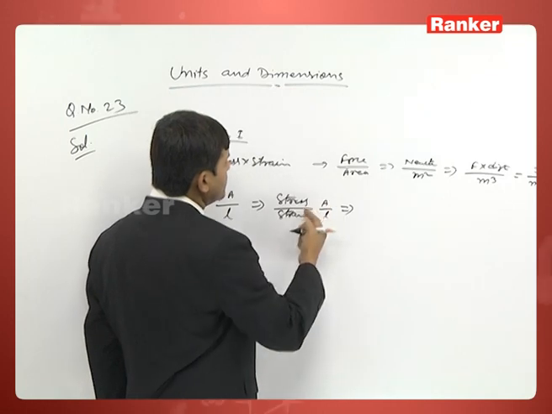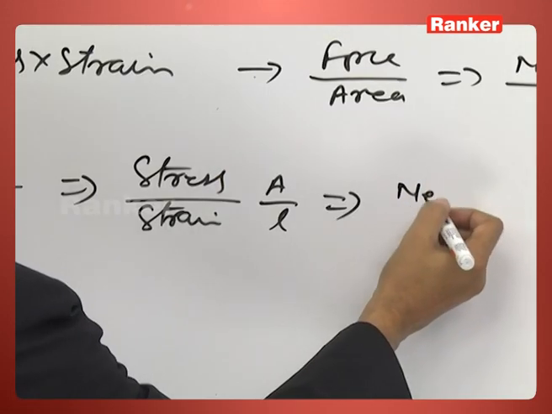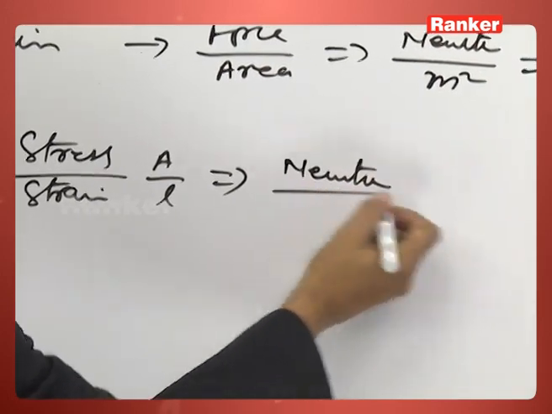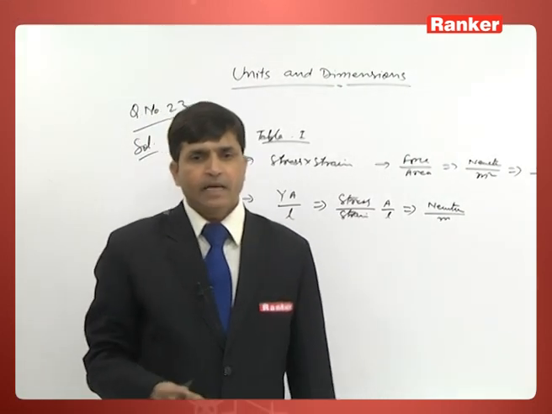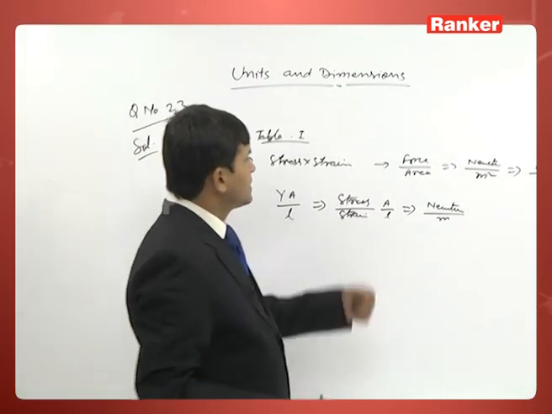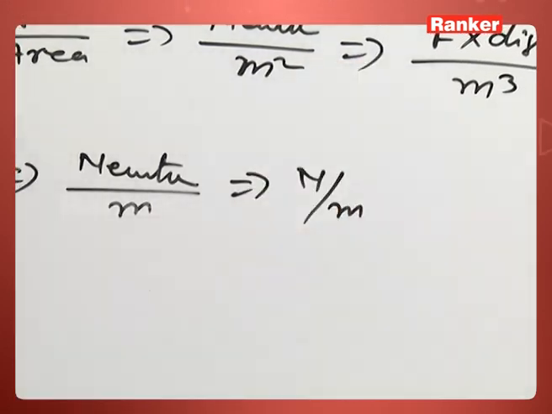So force per unit area cancels. Force means Newton per meter. The Newton per meter, and this relation can be said as N by M.